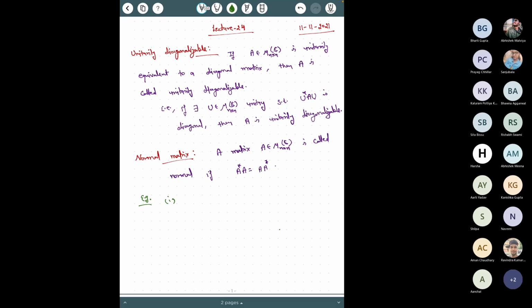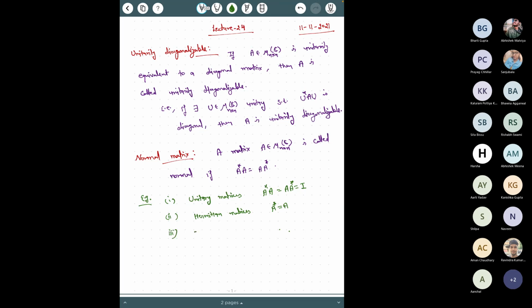For example, unitary matrices you already know. They satisfy this, and both products are equal to identity, so clearly this is an example of a normal matrix. You can look at Hermitian matrices. Hermitian matrices are normal: they satisfy A star equal to A, so they satisfy the condition for a matrix to be normal.